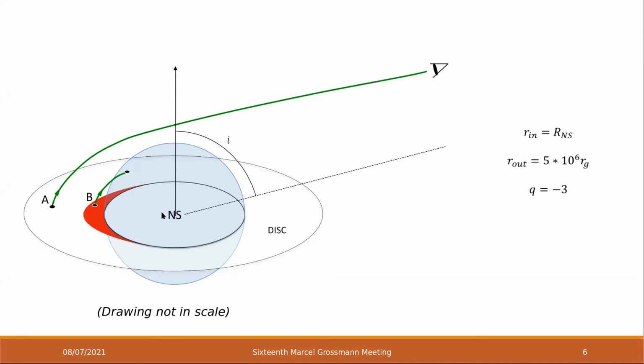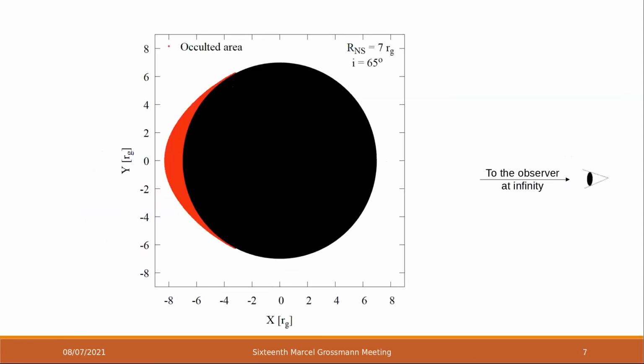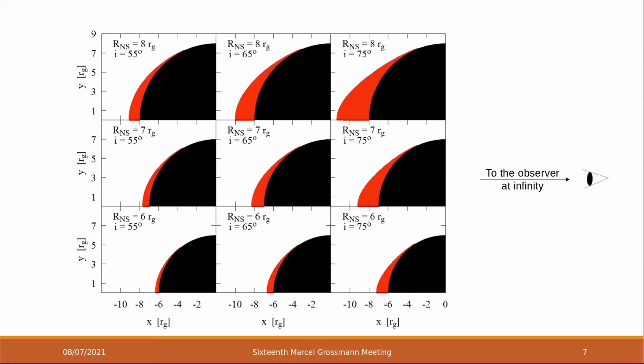Now, we developed a code that can define which are the points on the disk that are occulted, and through that we can define the occulted area for any configuration. You can do it for one system, you can do it for many systems, and of course you see what you expect.